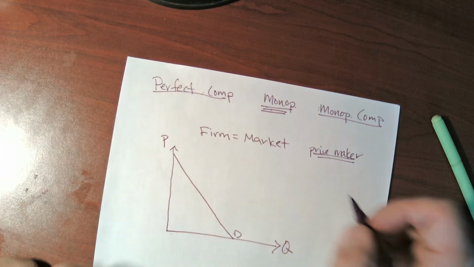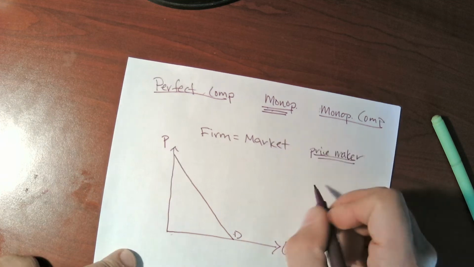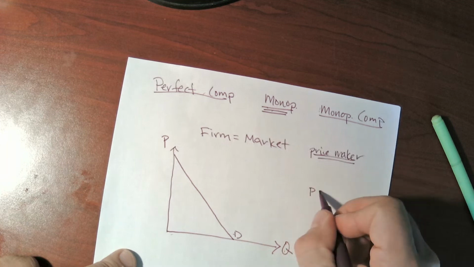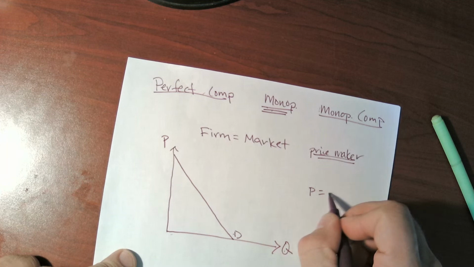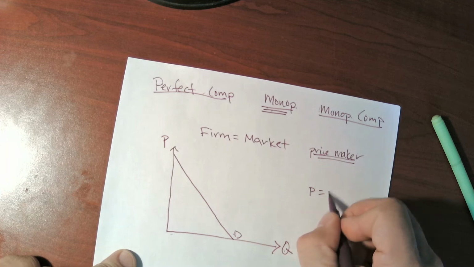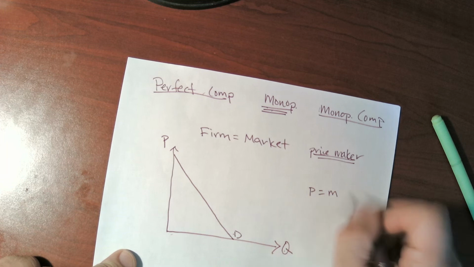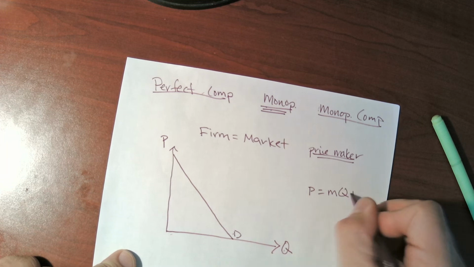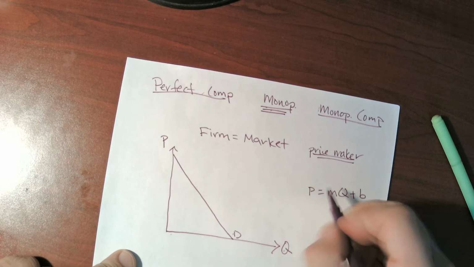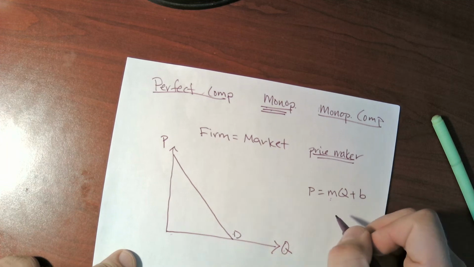But if you wanted to know the calculus, if price is a linear function of quantity, remember, linear is mx plus b, where m and b are constants, then the slope of this is m. That's how this is changing.